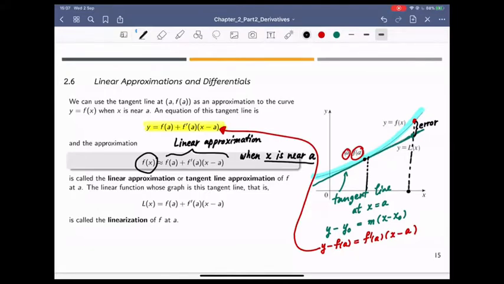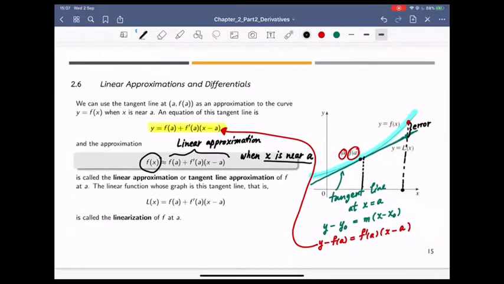So let's look at that linear approximation by doing examples. So this is our theory. Maybe you are a little bit confused now because it is all symbols. So we are going to look at examples and hope you feel better after you see the first example here.